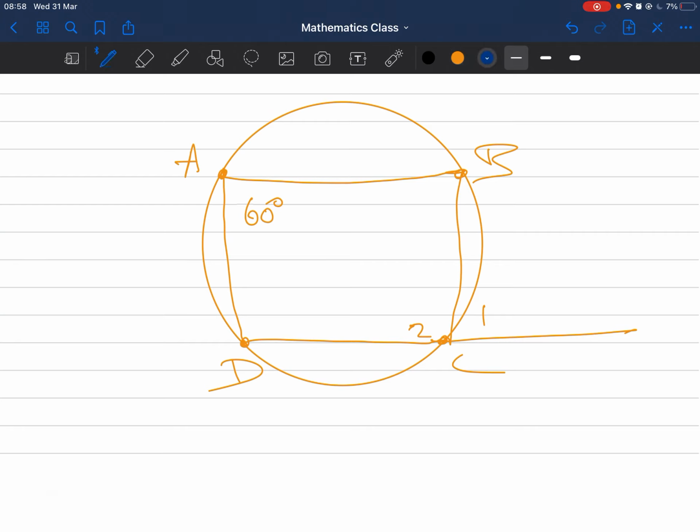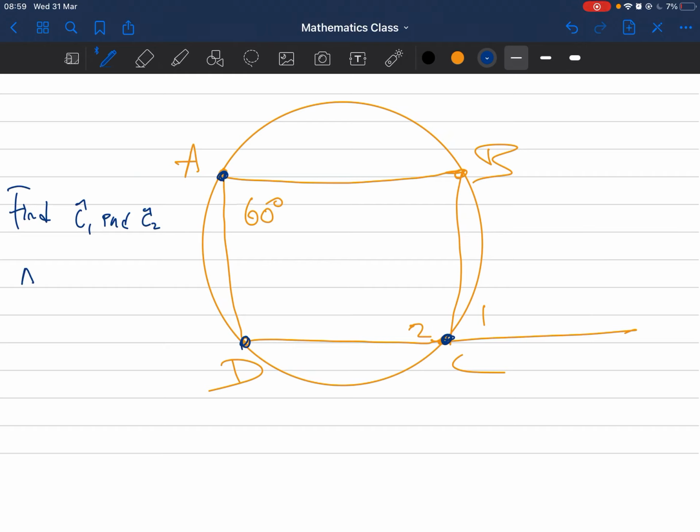So the question is, find angle C1 and angle C2. Angle C1 and C2. And what do you know about cyclic quad, right? We know that opposite angles are equal to 180 degrees.